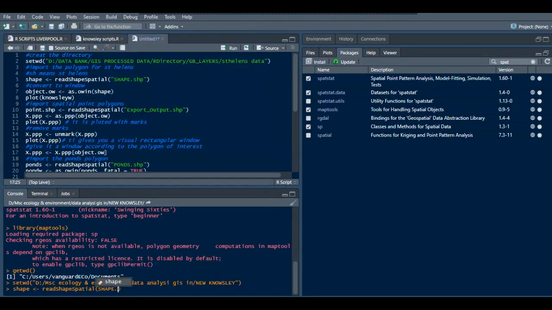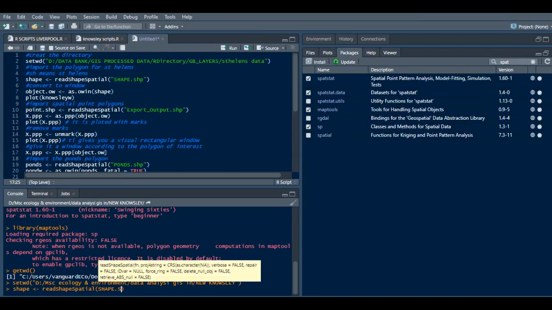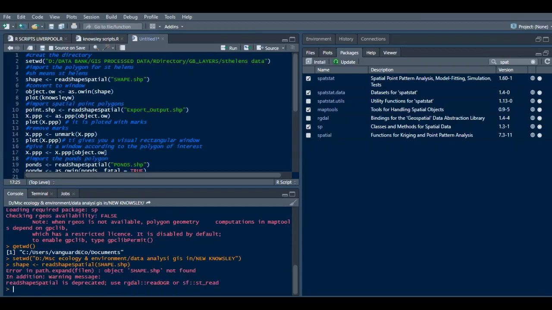This is the shape polygon that I want to bring in. It has a file extension .shp, which is just an extension of an ESRI shapefile. Don't mind the error about duplicates, it still works.